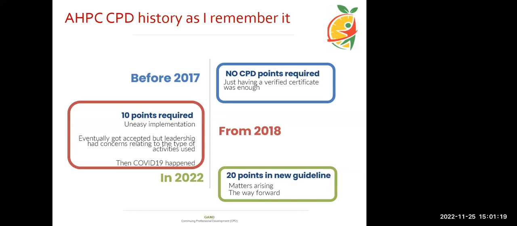And when COVID set in, suddenly the council realized that they had not prepared for the COVID situation, as in how to ensure CPD points, because it is mandated by law. Even though it was mandated by law, they were not ready to ensure that all practitioners and members of the council were able to get their minimum points.